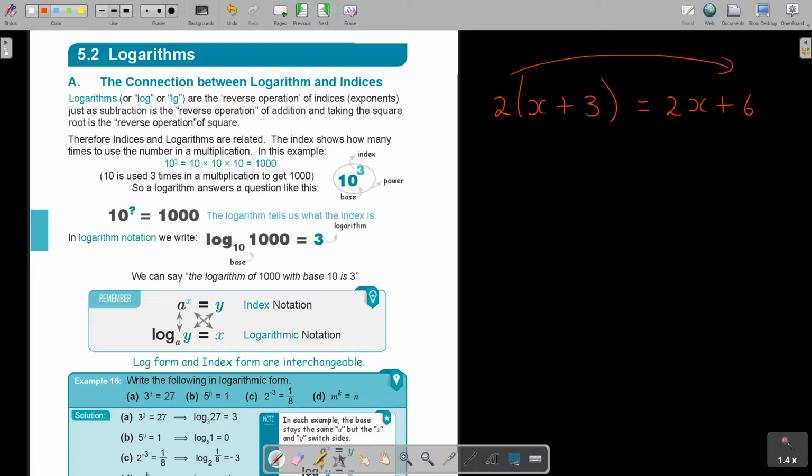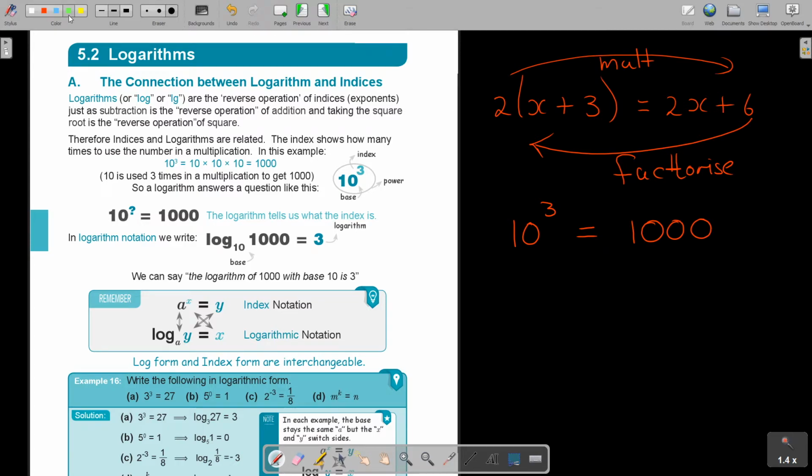In this case, I did multiply. If I want to reverse back, I call it in maths, I factorize. That's what we did in chapter 3. Now, if you have, say, 10 to the power of 3, I know that it's 1,000.